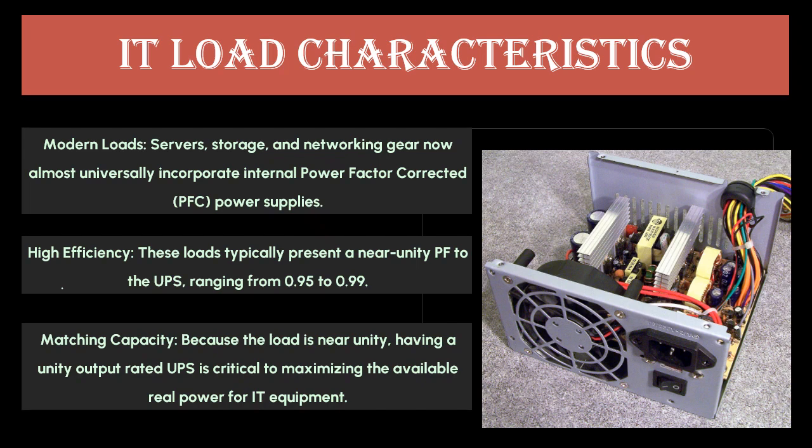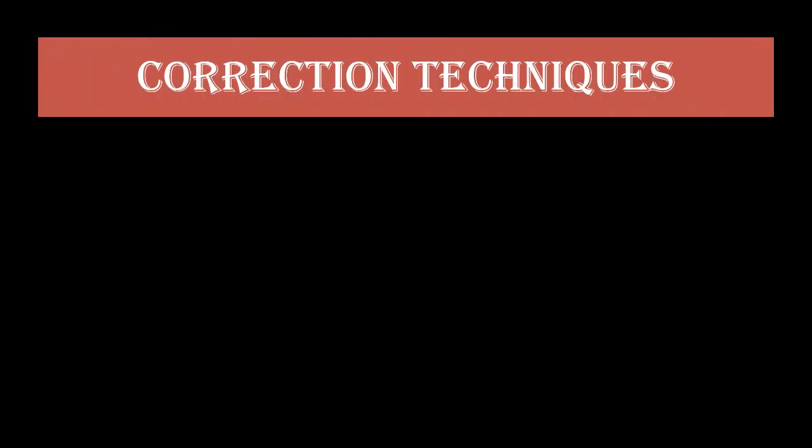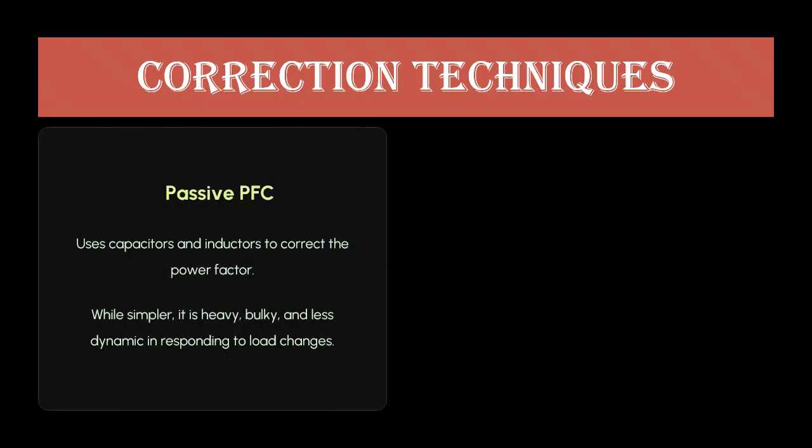Correction techniques. For context, power factor correction is generally accomplished using two methods. Passive PFC uses simple, static components like capacitors and inductors. While reliable, it's heavy, bulky, and its correction level is fixed, meaning it doesn't adapt well to dynamic loads.